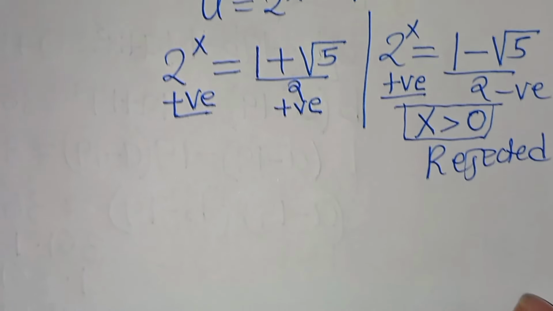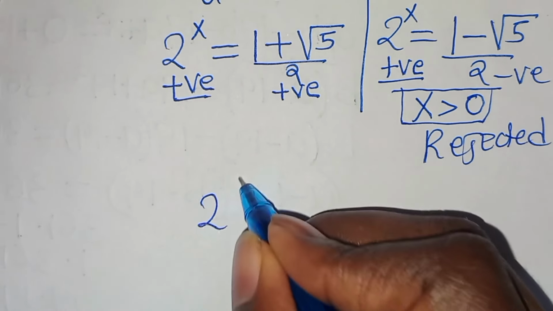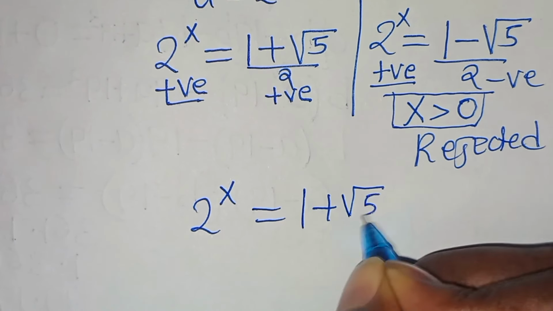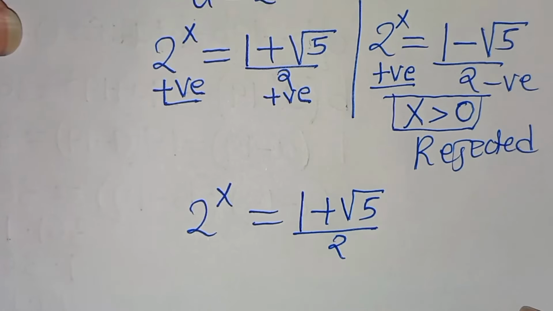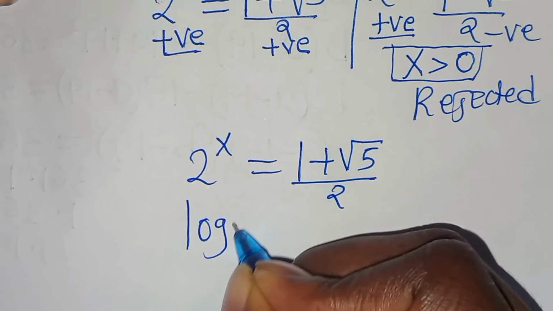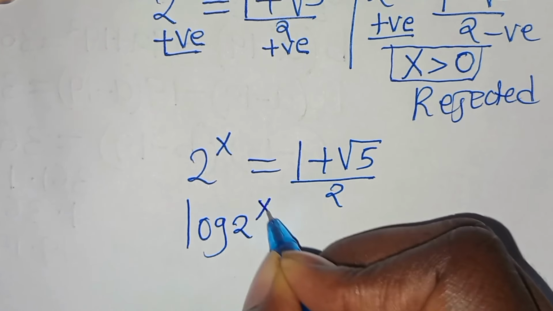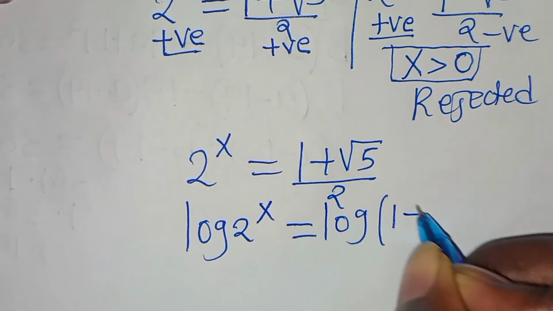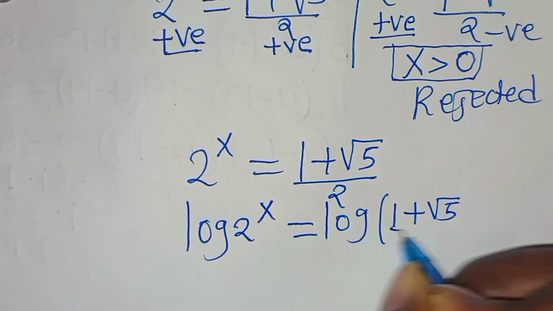So we proceed with 2 to the power of x equal to (1 plus square root of 5) divided by 2. To solve for x here, we introduce logarithm on both sides, so that we have log 2 to the power of x equal to log of (1 plus square root of 5) divided by 2.